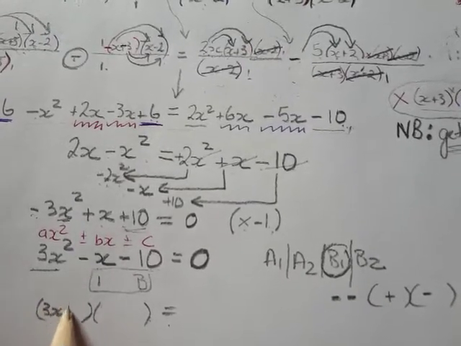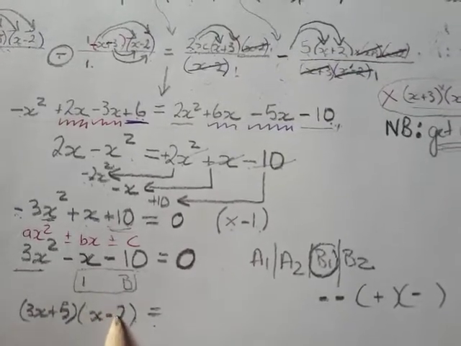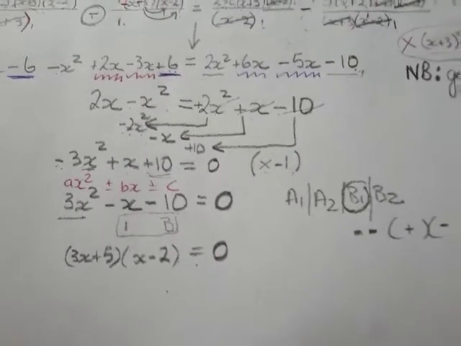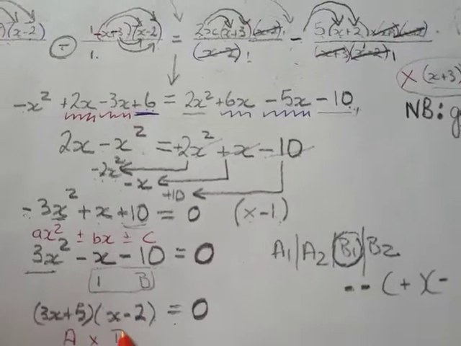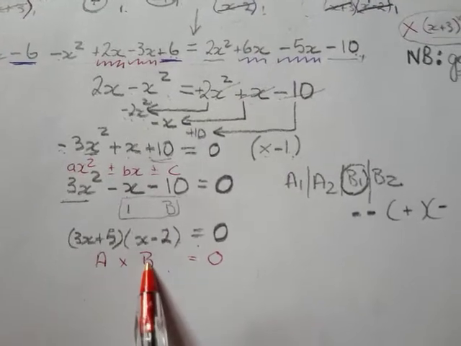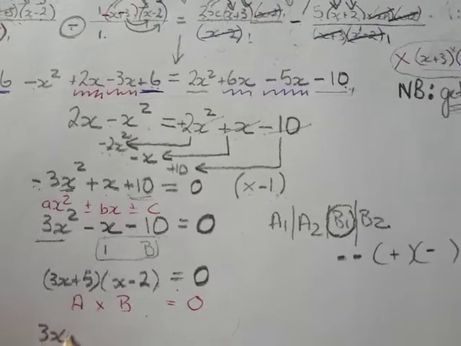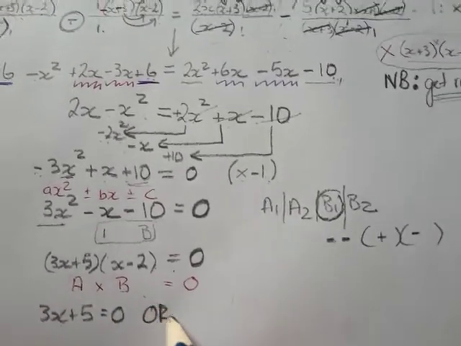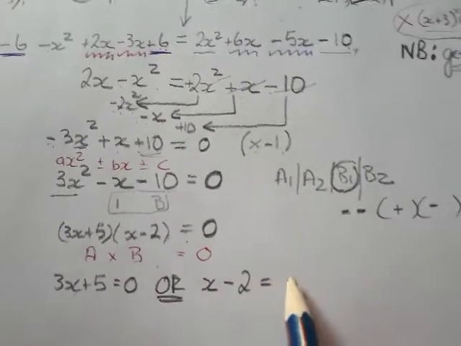My answer will be 3x plus 5 in the one bracket, and the other one will be x minus 2, which equals 0. Now, count on the principle of A times B equals 0, where we learned that either A or B must be 0. Therefore, we say either 3x plus 5 equals 0, or, importantly, x minus 2 equals 0.